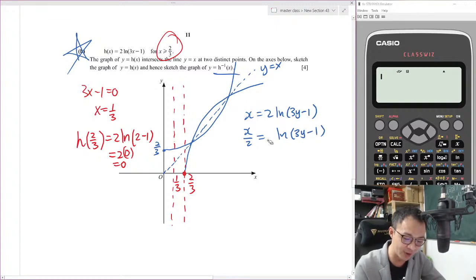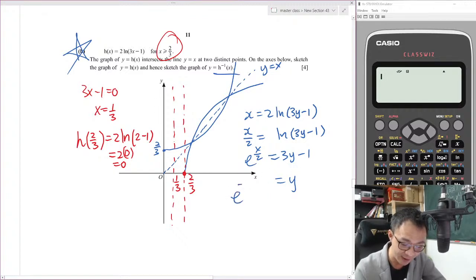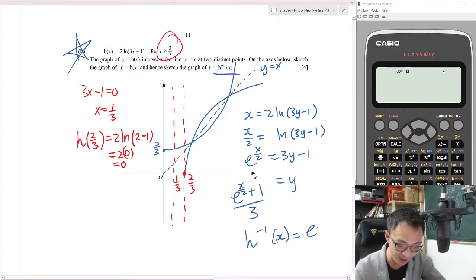That 2, I moved already. So e^(x/2) equals 3y minus 1. This is just something extra, if you don't like, you can just ignore it. y equals (e^(x/2) plus 1) over 3. Okay, now I have h inverse.